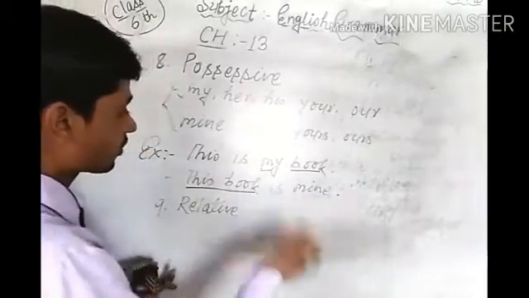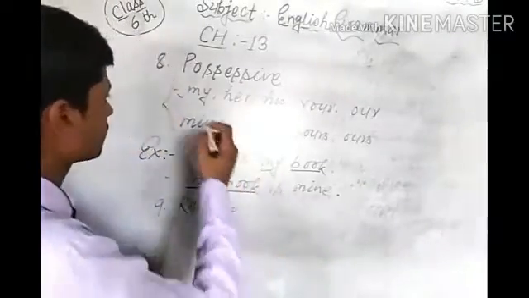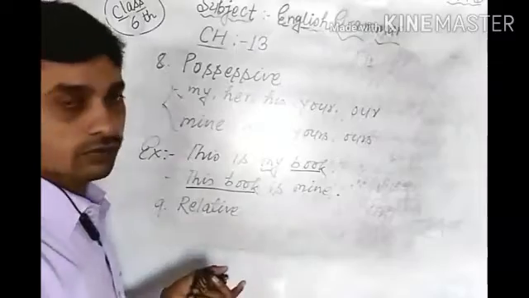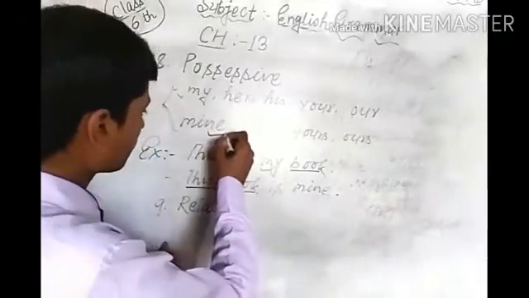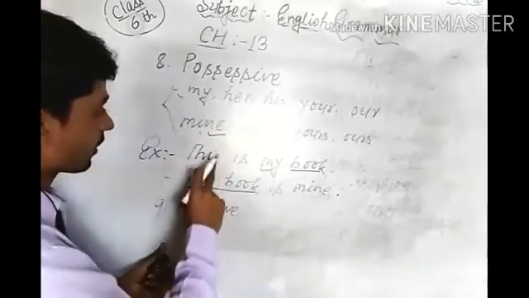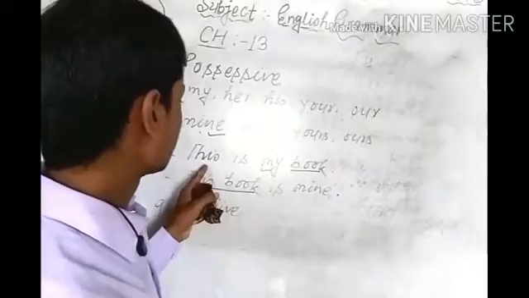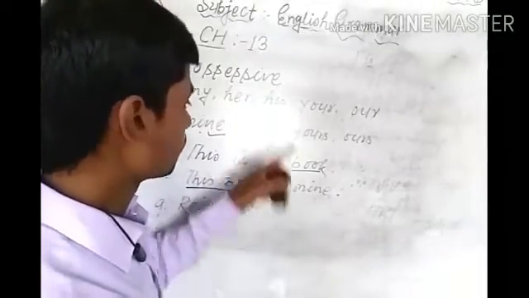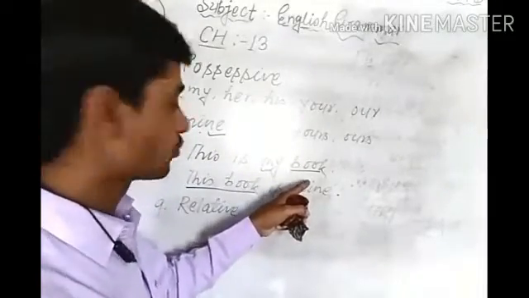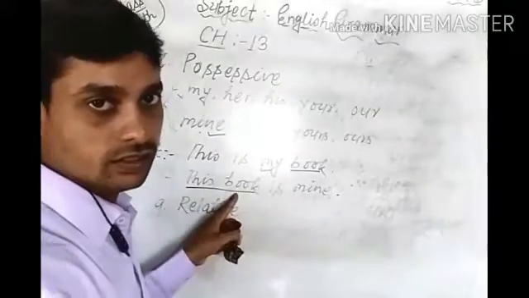So after the noun, after the verb, if you are using a possessive pronoun, then you can use the second type. This book is mine. Look, the first sentence, this is my book, first type. You can also write, this is his book, and in the second type the sentence will be, this book is his.